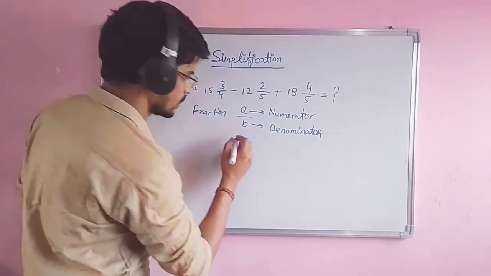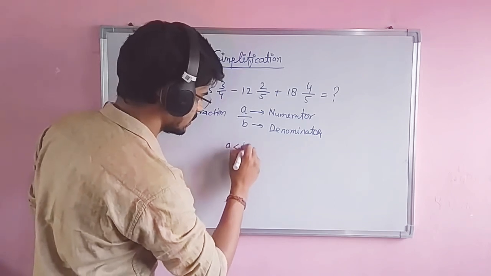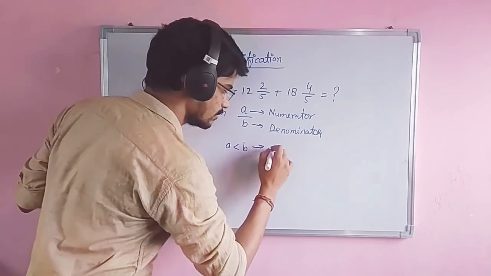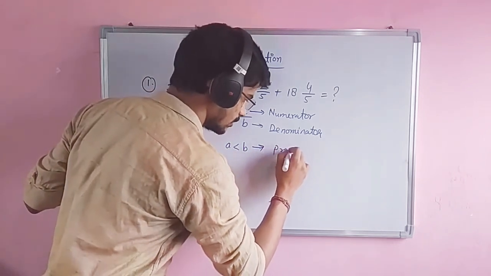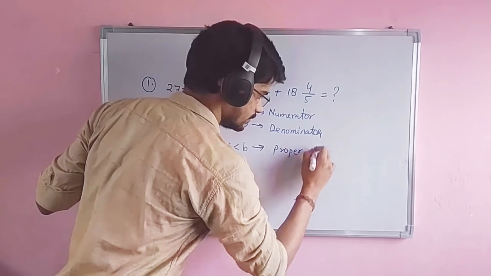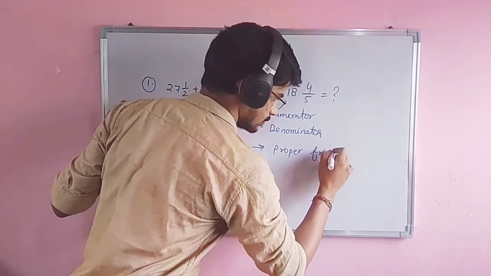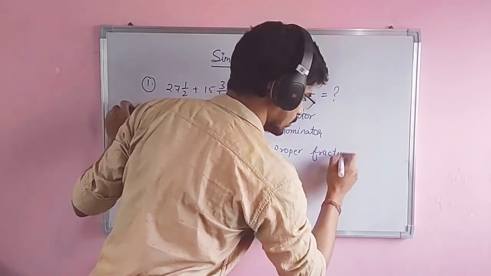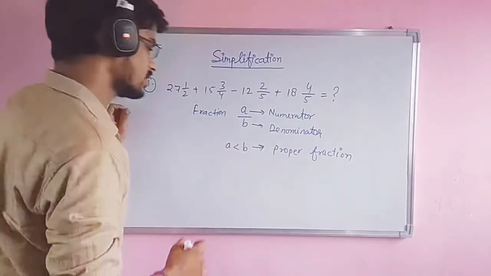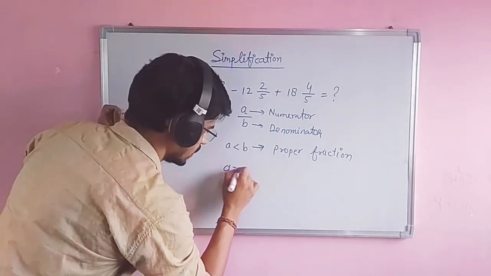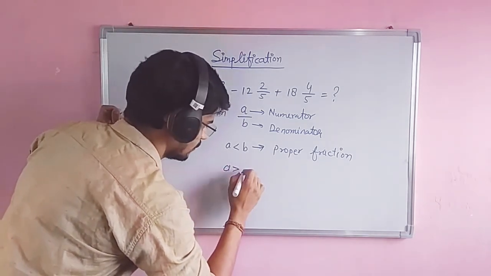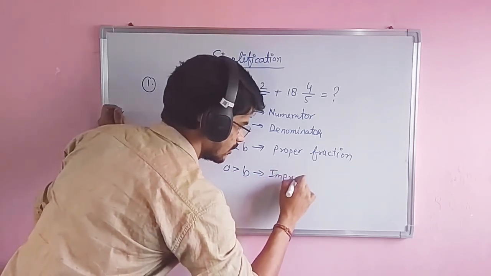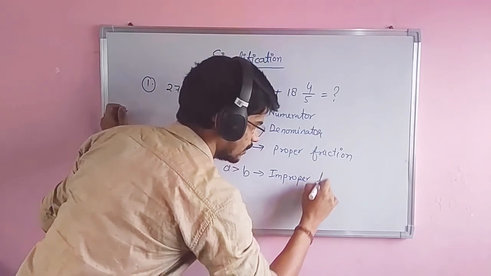If a is less than b, then it is called a proper fraction. Next, if a is greater than b, then it is called an improper fraction.